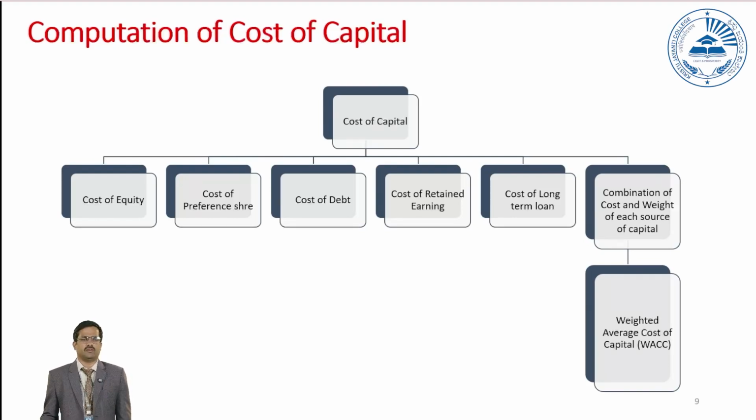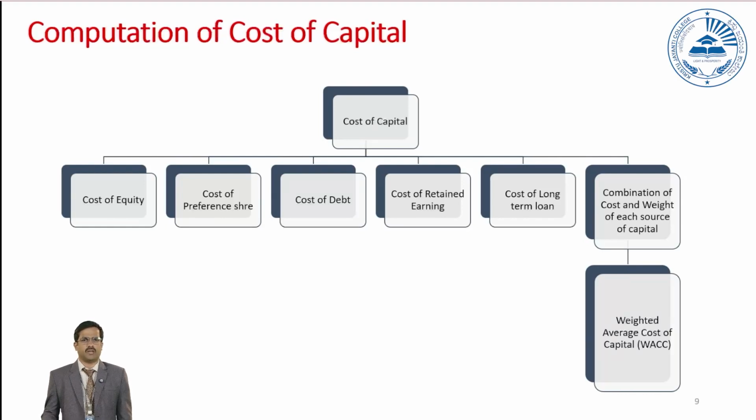Then the cost of long term loan. When we are getting an external source, borrowings from financial institutions, long term loans of more than 5 years, every year we have to make the payment of principal and interest. Here, when you are calculating the cost, the interest is a cost for the company.